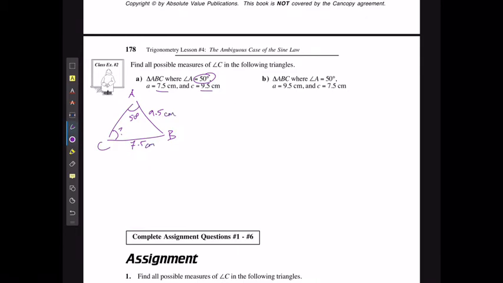So I'm going to say that sine of angle C divided by 9.5 is going to equal sine of 50 divided by 7.5, or sine of C is going to equal 9.5 times sine of 50 divided by 7.5.